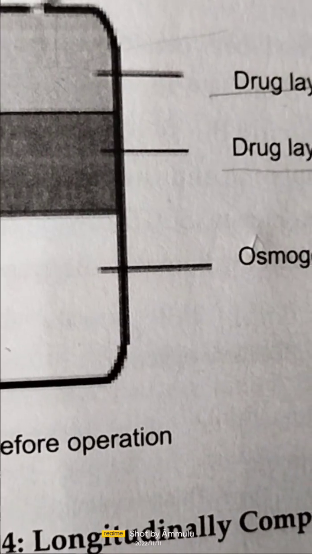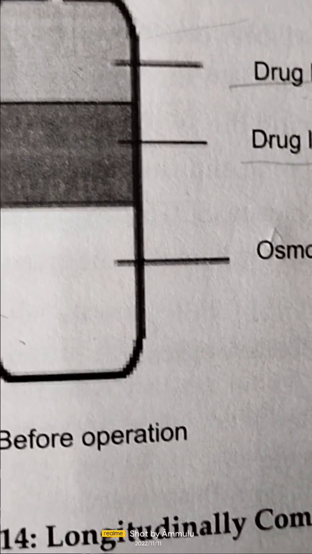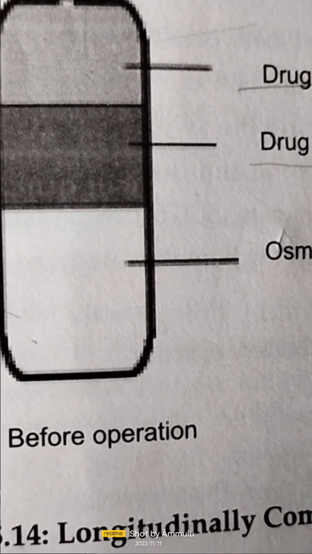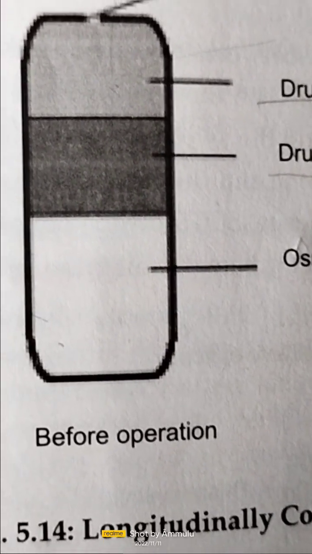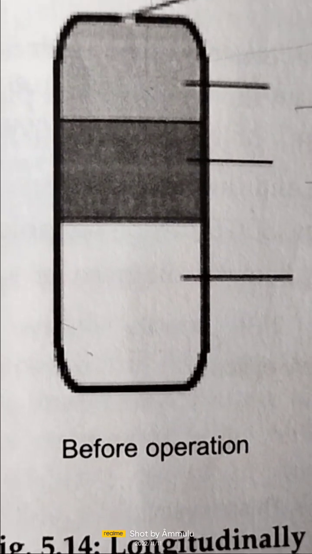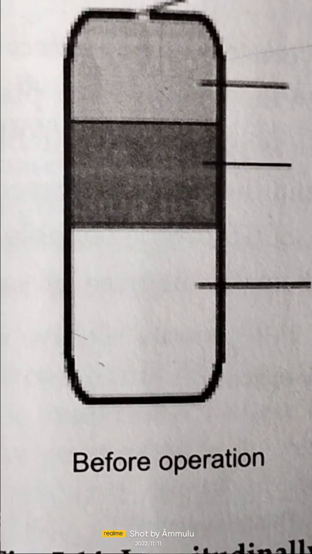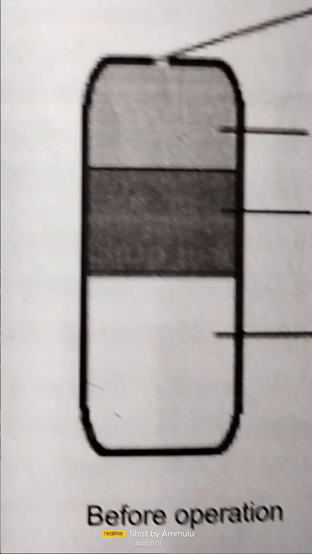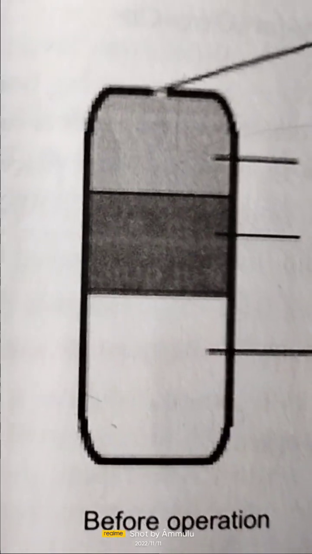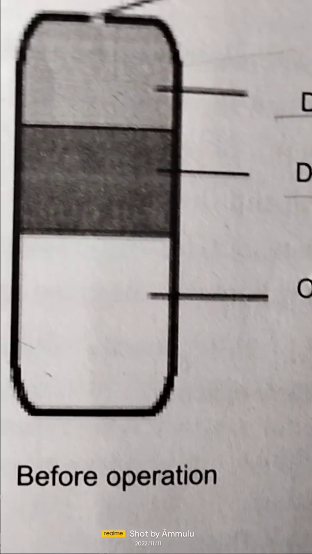Here the layers are dissolved either in the gastric fluid or in the small intestine. The coated layer will dissolve in the gastric fluid, and some enteric coated tablets dissolve in the small intestine.